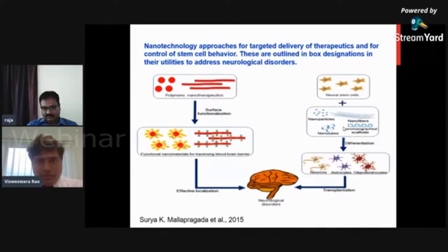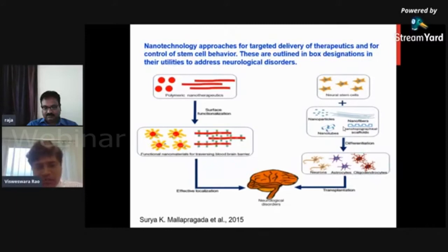And nanotechnology approaches for targeted delivery. This is just for the viewers. I've mentioned this since it is another disease area, depicting neurological disorders and their amelioration with polymeric nanotherapeutics. If you observe, they have been surface functionalized and then effectively localized and used for different types of neurodegenerative disorders.